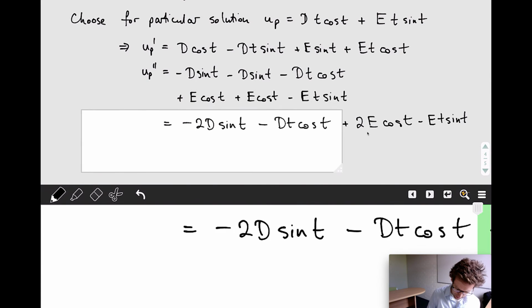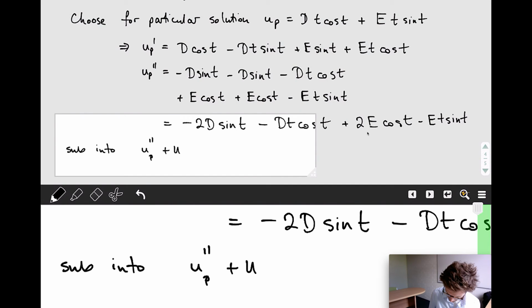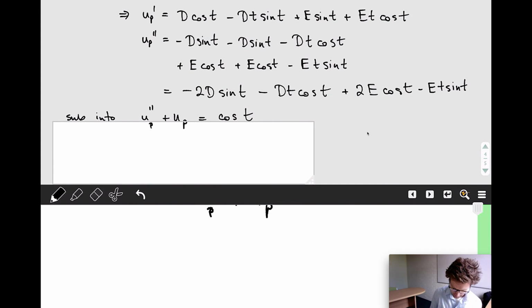Right, so we're ready now to substitute this into our differential equation, u_p double prime plus u_p is equal to cosine t. So u_p double prime, we just calculated that.